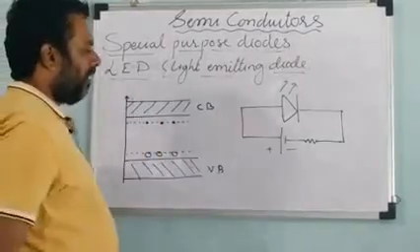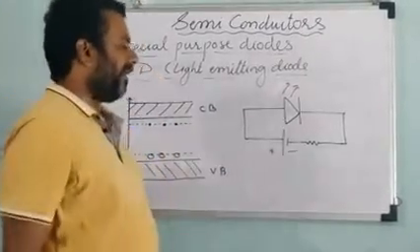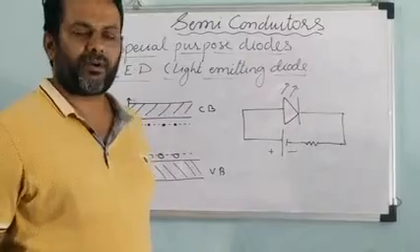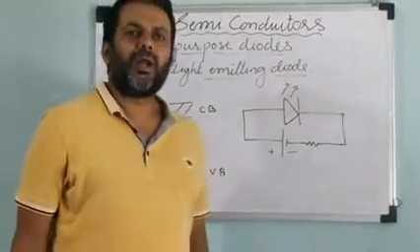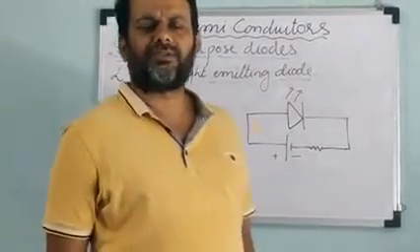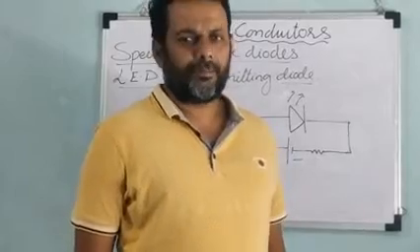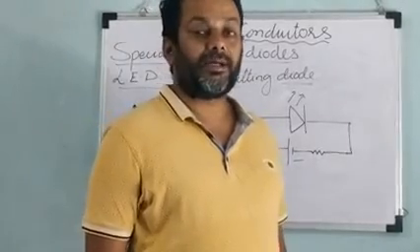Okay, when the LED, that is the light emitting diode, will be operated in the forward bias which is heavily doped, then a very large number of the electrons will cross the junction and enter into the P type, and here they recombine with the holes.